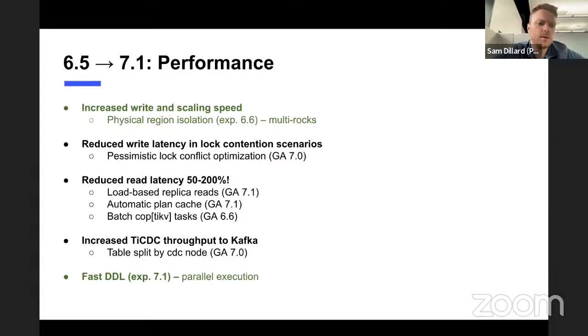We added a new lock conflict wake up algorithm, essentially, for scenarios where you have write heavy workloads that are aimed at the same keys. You'll have lock contention, right? And you'll have requests that end up queued, waiting for a lock to wake up.